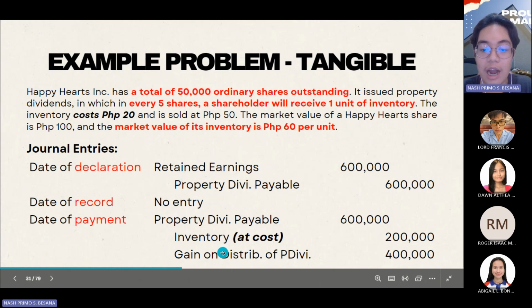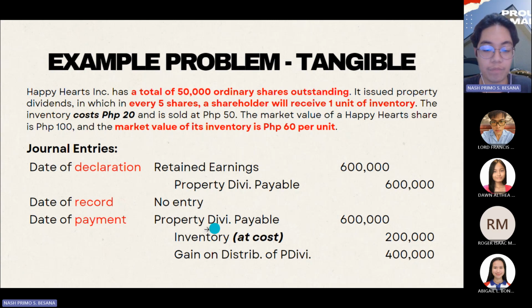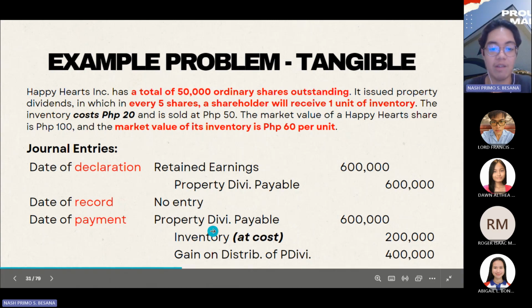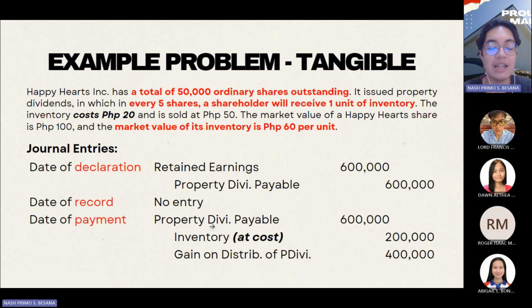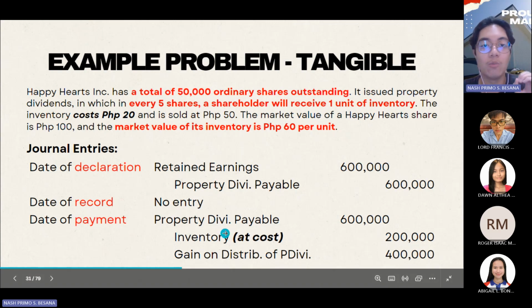But dito tayo magkakaroon ng kaibahan sa cash dividends. Meron kasing pwedeng mag-recognize ng gain or loss kapag property dividends yung gini-give out natin. So, nagbigay tayo ng inventory. So, parang expect na natin na i-credit natin si inventory at some point in this issuance of the dividends. So, credit inventory, but at what amount?